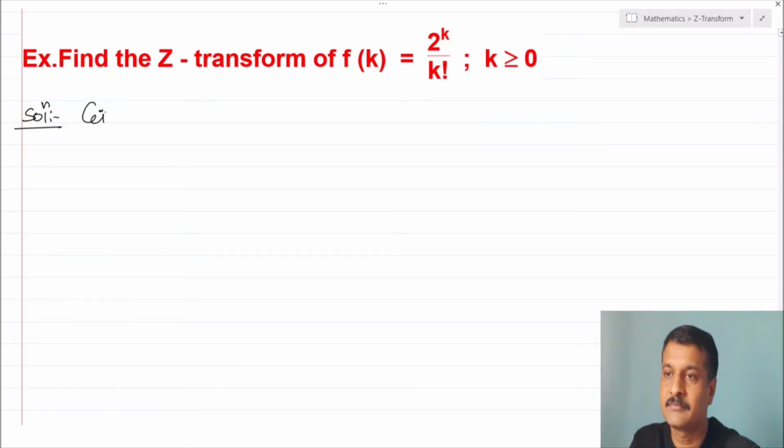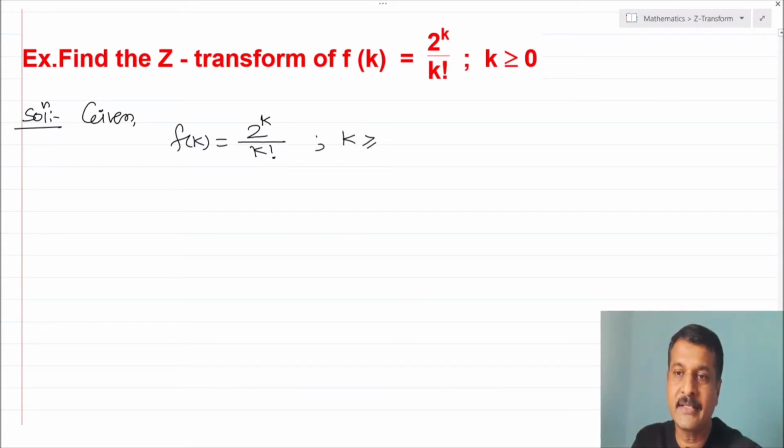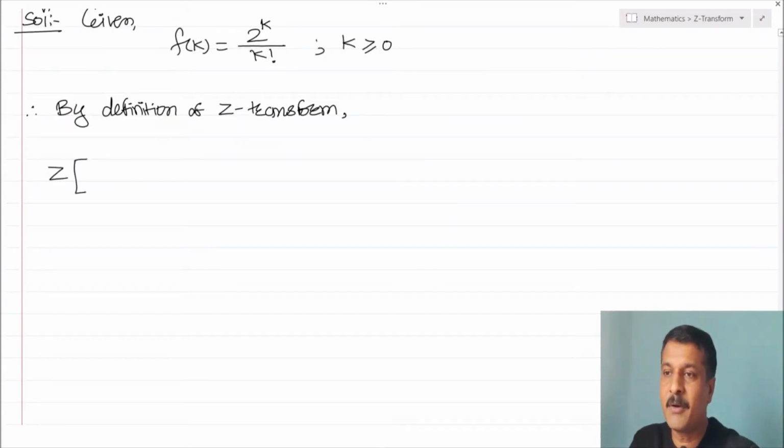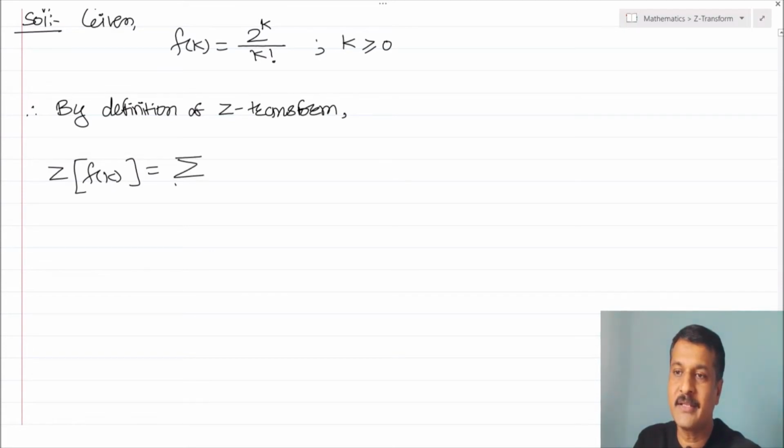So what is it? Solution: given f of k equal to 2 raised to k upon k factorial, where k is greater than or equal to 0. Therefore, by definition of Z transform, Z transform of f of k equal to summation k varies from minus infinity to infinity f of k into z raised to minus k.